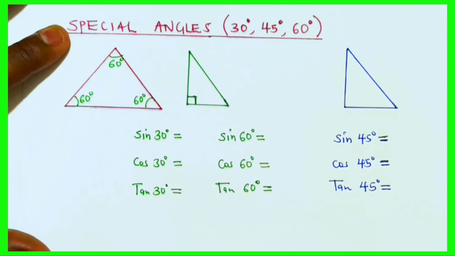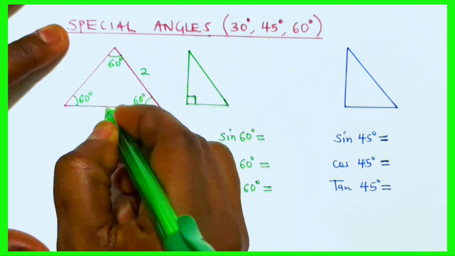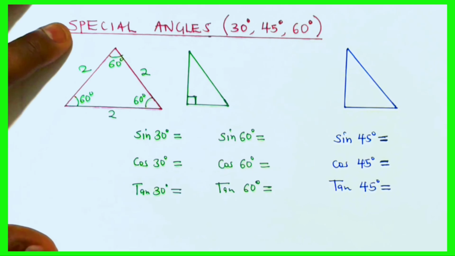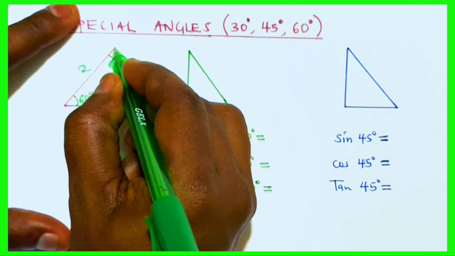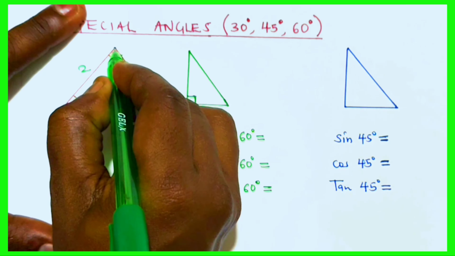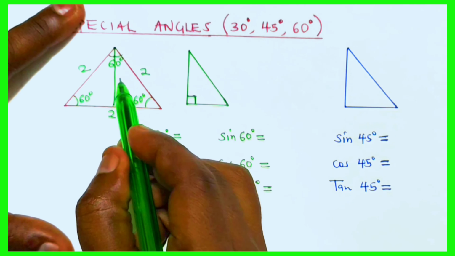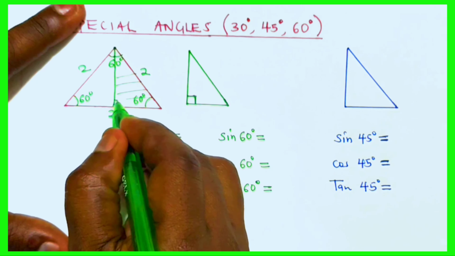And in this equilateral triangle, we are going to assume that the sides will be 2 units each. Therefore, we are going to divide this triangle by its height into 2 equal parts, so that we are in a position to pick one of these triangles, which will be right-angled.